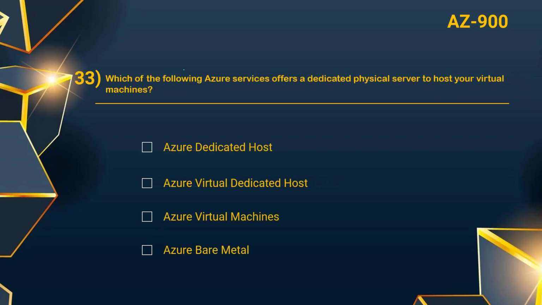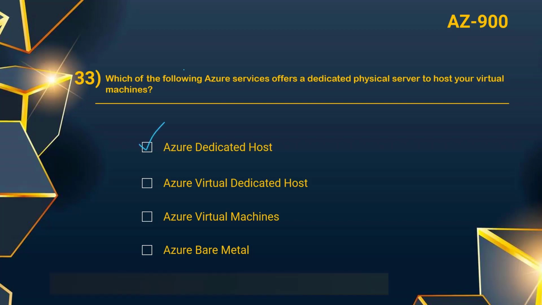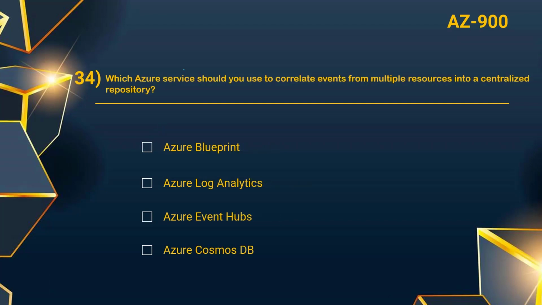Which of the following Azure services offers a dedicated physical server to host your virtual machines? Which Azure service should you use to correlate events from multiple resources into a centralized repository?